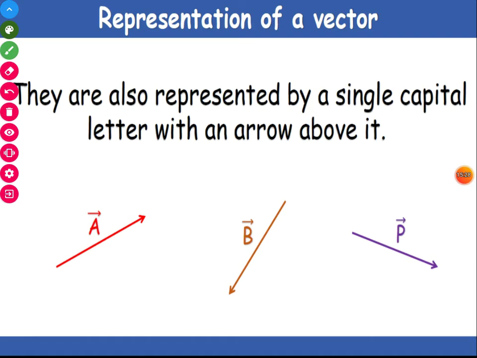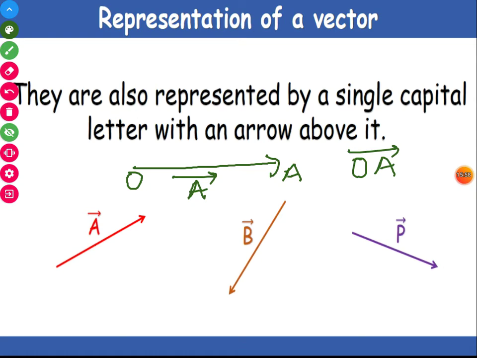Yes, there are some vectors that are also represented by a single capital letter with an arrow above it. Say for example, suppose this is O and this is A. So it can be represented as vector OA, or we can also represent it as vector A if this is the origin.